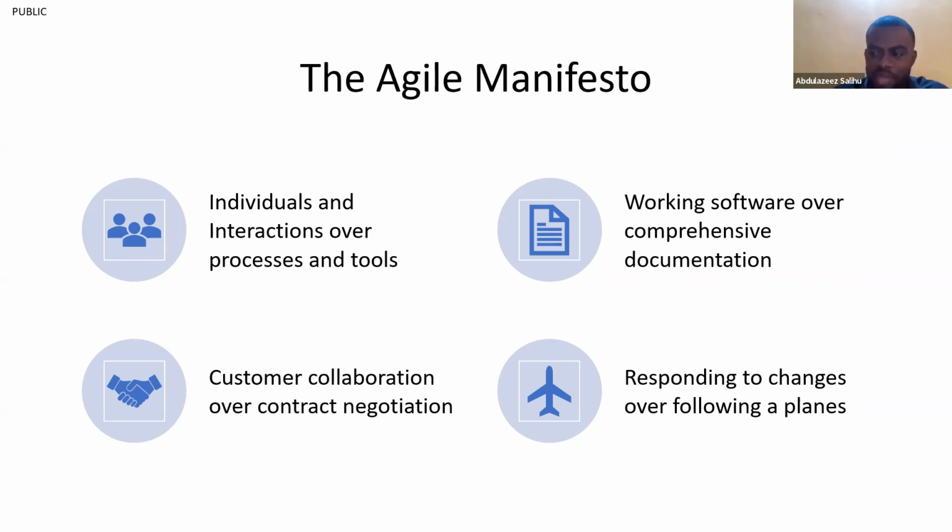So we have simplicity, self-organization, reflect and adapt. Those are all principles that the Agile Manifesto offers us while we're implementing Agile as a framework.